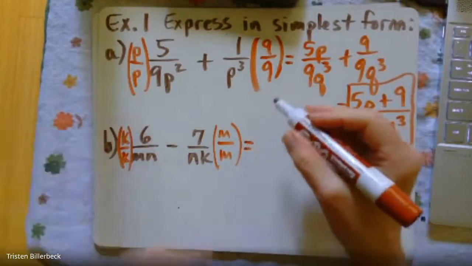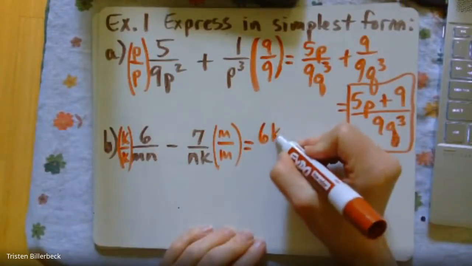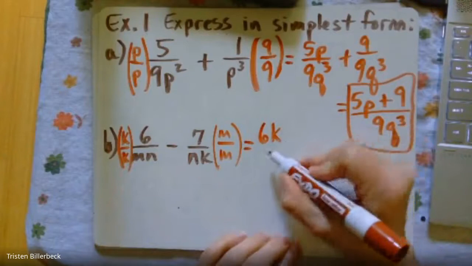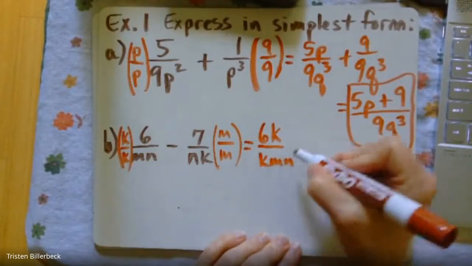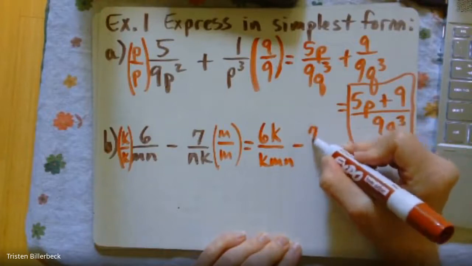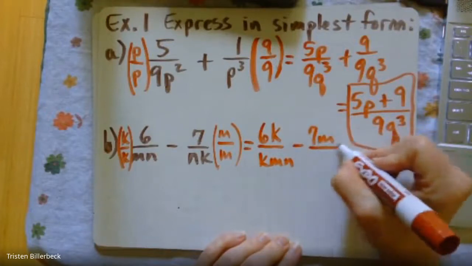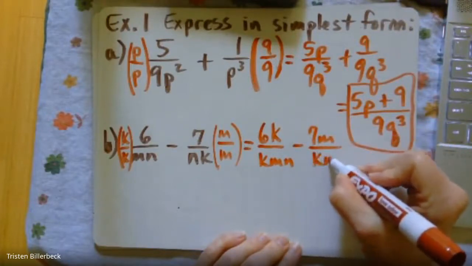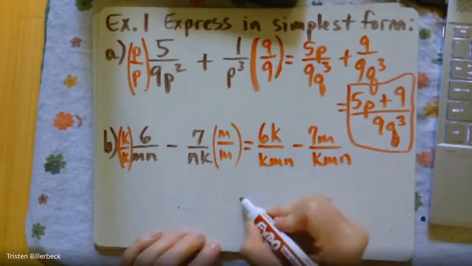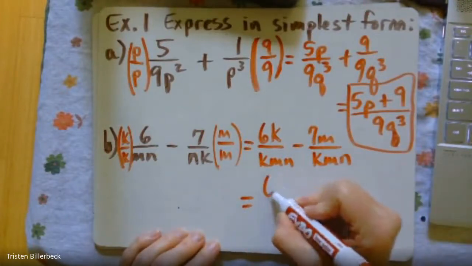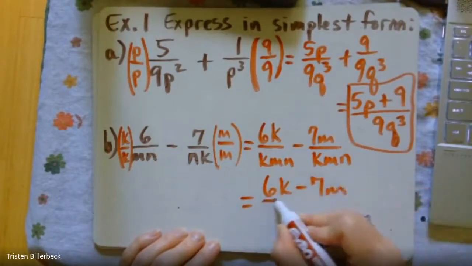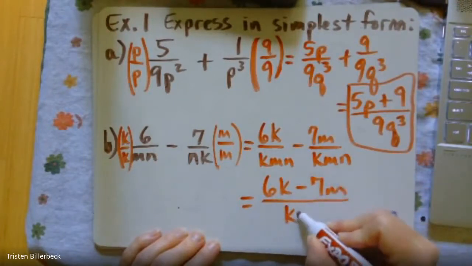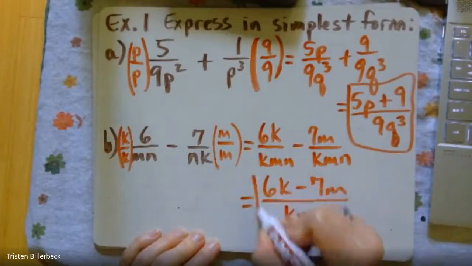Okay, so 6 times k, the number always goes in front of the letter, and we're going to put kmn minus 7m over kmn. So that's going to be 6k minus 7m over kmn. And that's our answer.